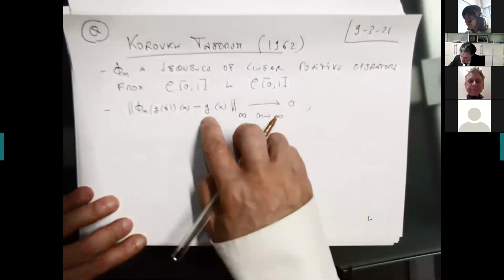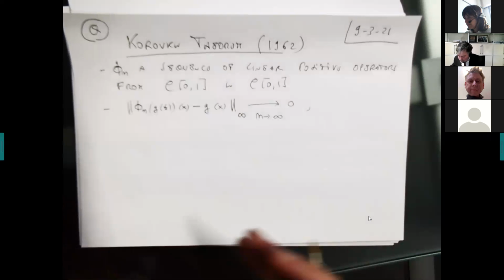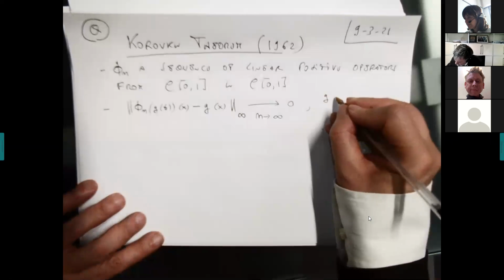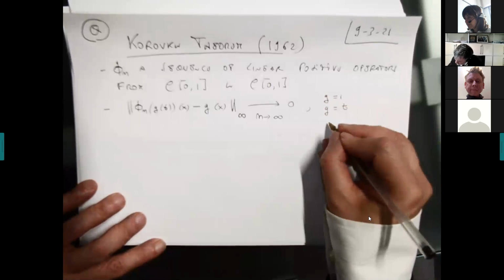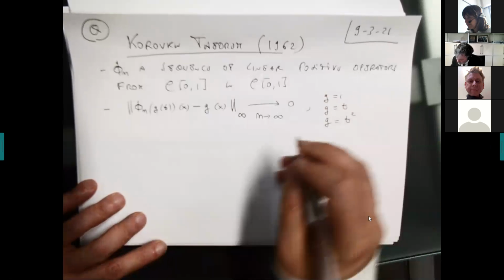But g is not in a large set of functions. g can be 1, g can be the function t, g can be the function t squared.